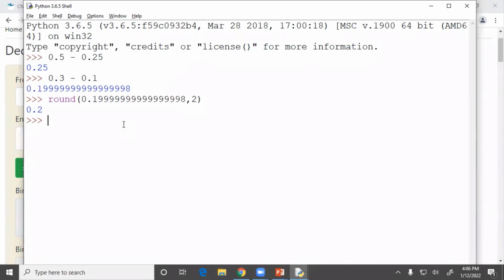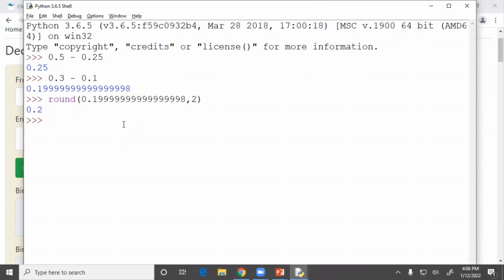Round. Your grade, let's say, wait, Muhammad, wait. Your grade, let's say, is 9.8. So it's going to be rounded into 10. 9.7, 10. 9.4, 9. You got the idea?